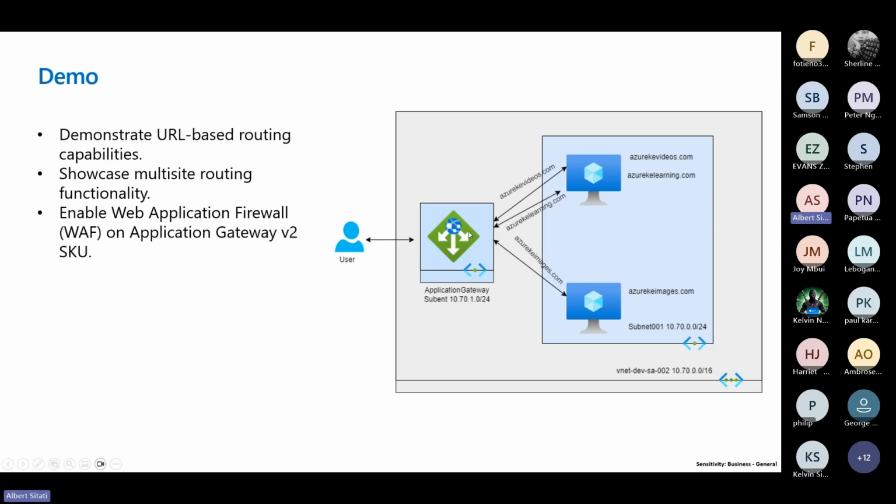And here is where we have the application gateway that is sitting on a specific subnet. Something you may want to note is that the application gateway will only sit on a subnet that has no other resources, so it will sit on its own subnet.